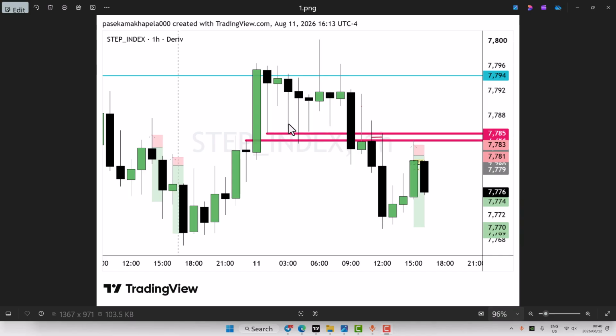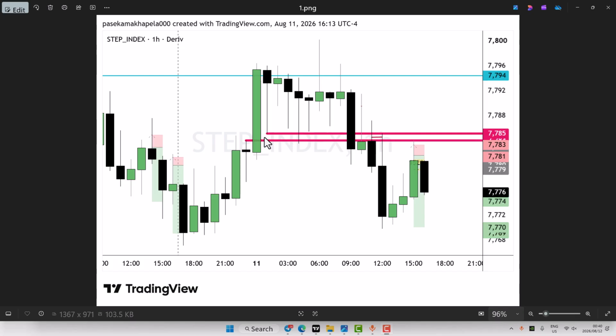So these fair value gaps, as I said, they pull price towards it. So we created this new sell side liquidity, which is near the lows of the day. So we create sell side liquidity, and then price retraces all the way up into the fair value gap, the new day fair value gap.